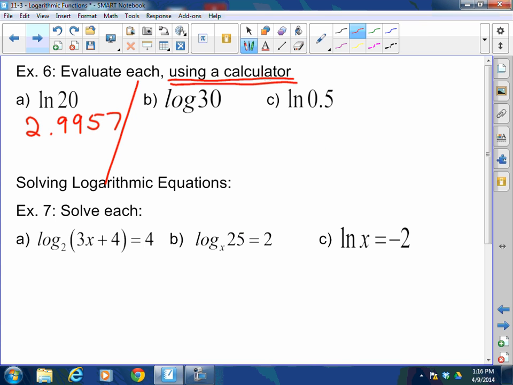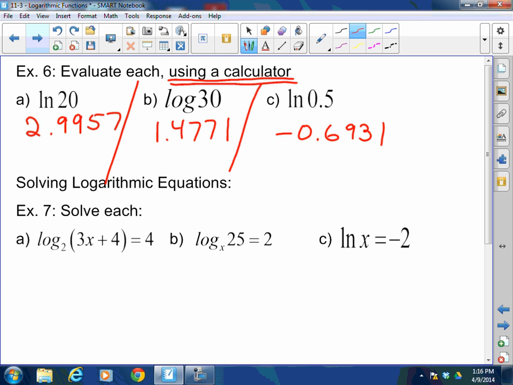I promise. Log of 30. Hit log. Plug in 30. And it should equal 1.4771. ln of 0.5. That should equal on your calculator negative 0.6931.